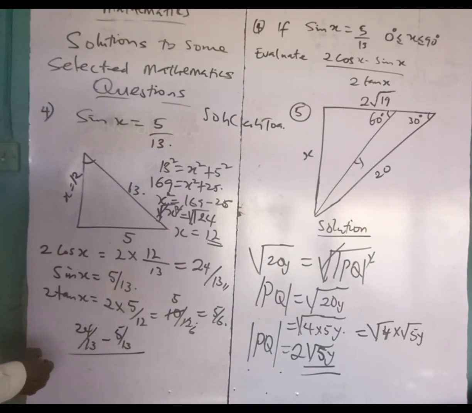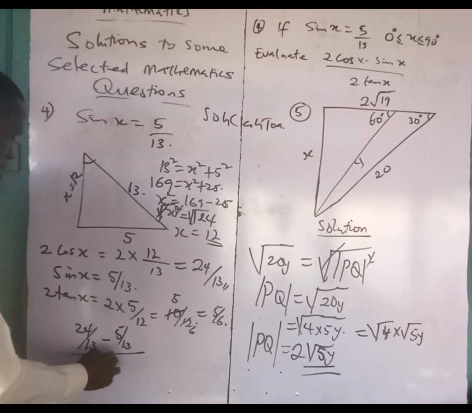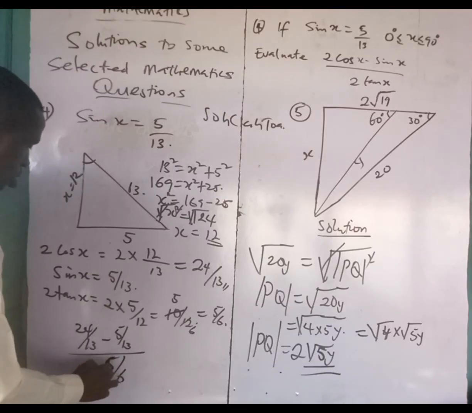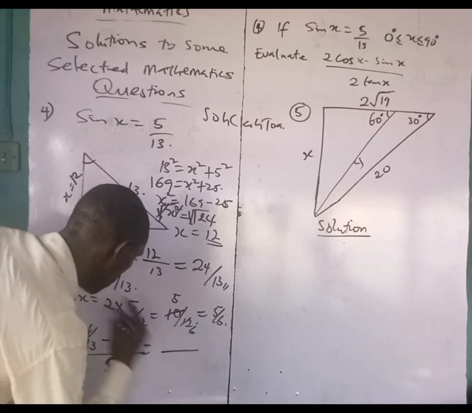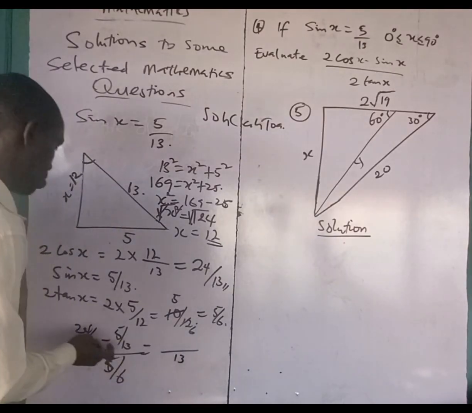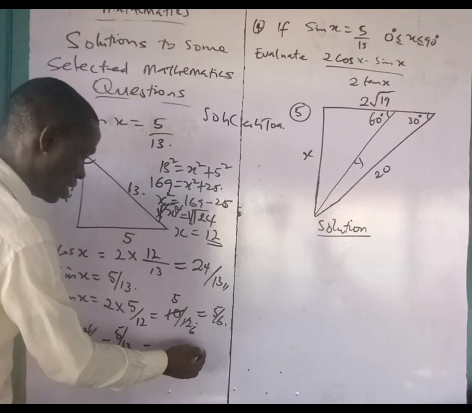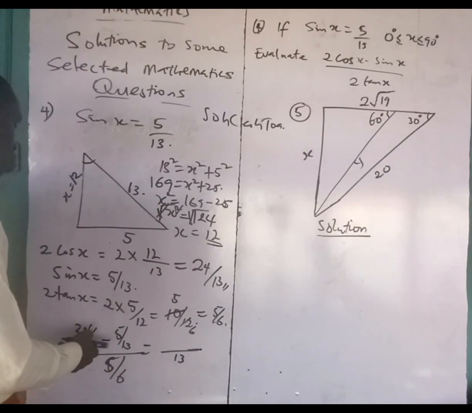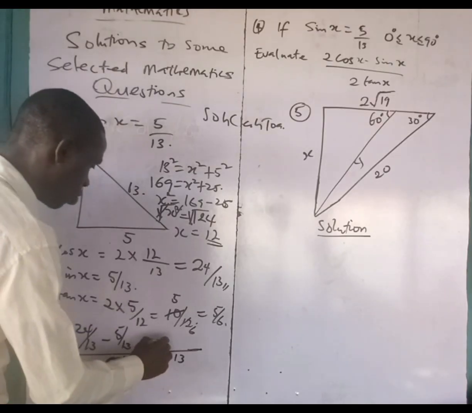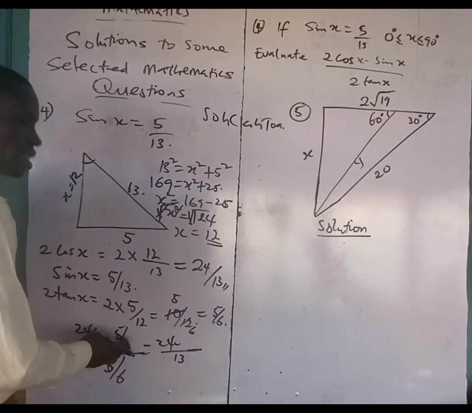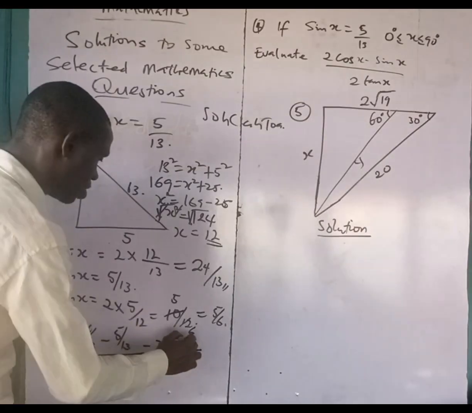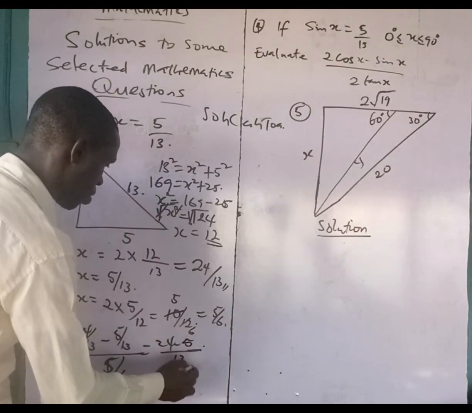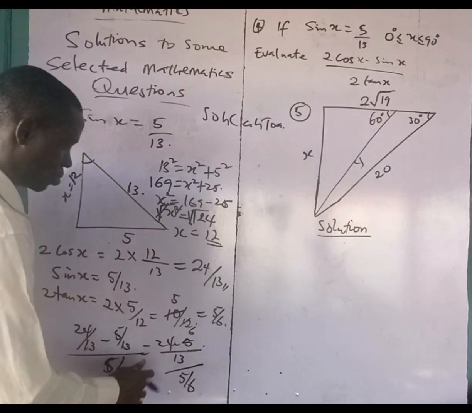divided by 2 tan x, which is 5 over 6. For the fraction, the LCM for this numerator is 13. 13 divided by 13, that's 1. 1 times 24, that's 24. Minus 13 divided by 13, that's 1. 1 times 5, that's 5. Over 5 over 6.